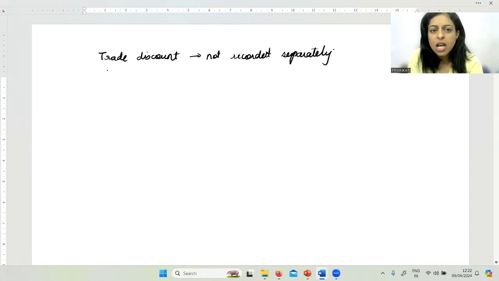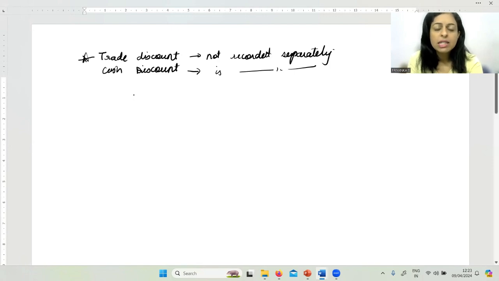This is very important. And what about cash discount? Cash discount is recorded separately. Correct? So this is what you have to remember when you are talking about trade discount and cash discount journal entries. The rest of the definition and understanding of cash and trade discount, hopefully that is clear in the theory part we learned earlier. So now let's proceed to examples on these two, trade discount and cash discount.